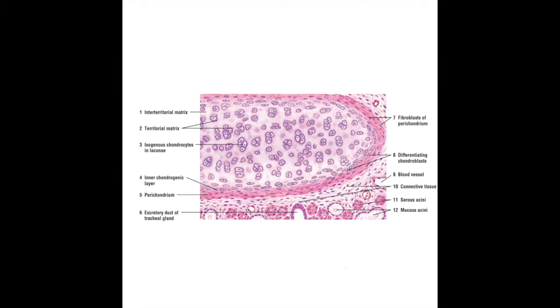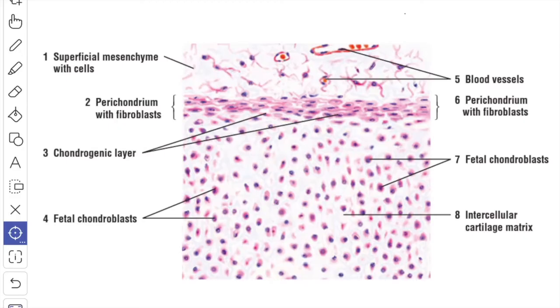Apart from the collagen fibers and the fibroblast, the perichondrium contains the cells that are capable of transforming themselves into cartilage cells when required. The cartilage has very limited ability for regeneration after destruction by injury or disease. The defects in the cartilage are usually filled in by the fibrous tissue.